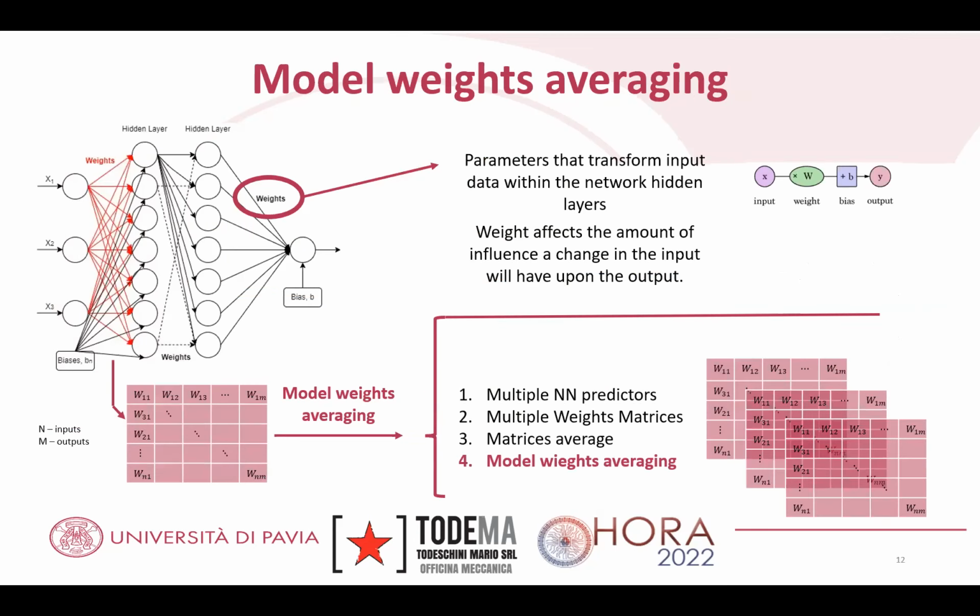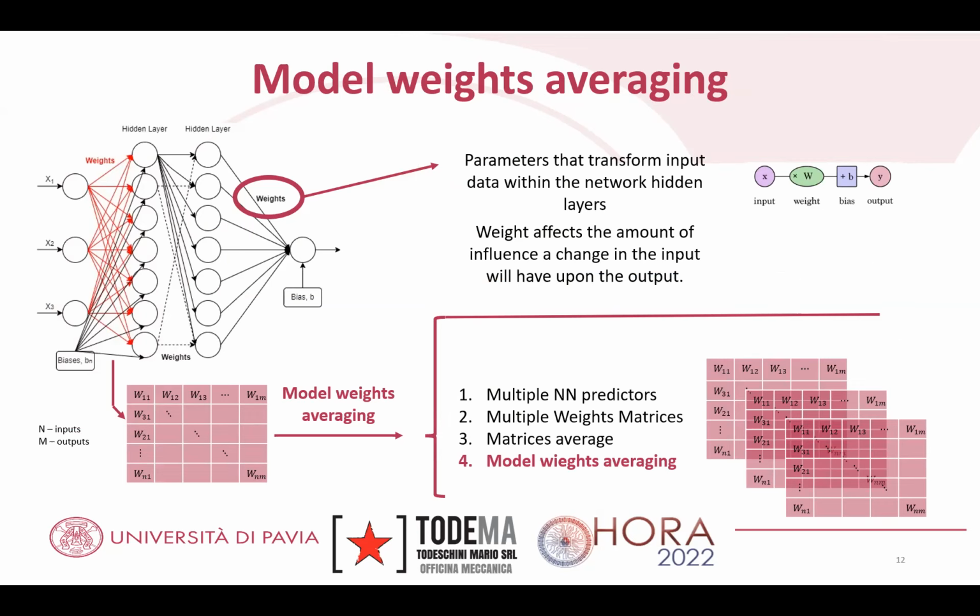And the final one is the one based on the weights of the neural network. The average is performed on weights matrices, since at the end of the training phase, we could have oscillations that lead to incorrect predictions. Averaging them could lead to higher performance.